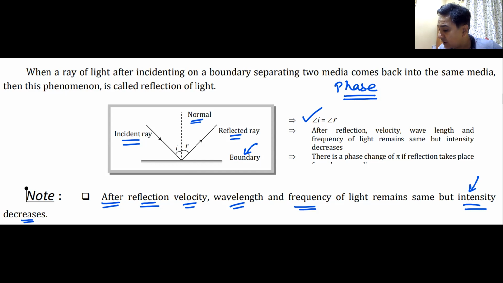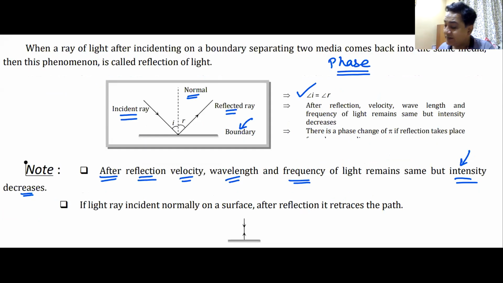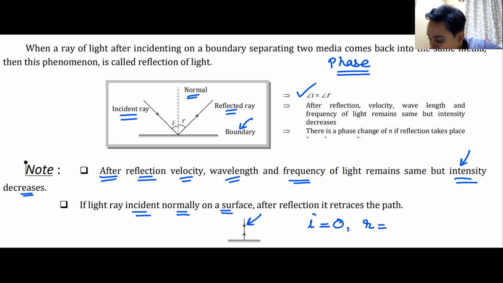We sometimes say that the light is incident normally on a surface. When you say light is incident normally on a surface, that means it is falling perpendicular to the surface. In this case, the angle of incidence becomes 0. Therefore, the angle of reflection also becomes 0.